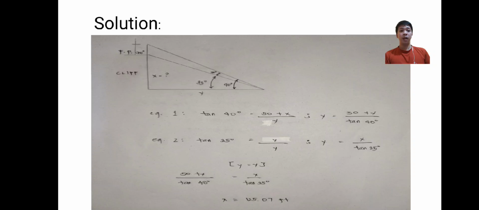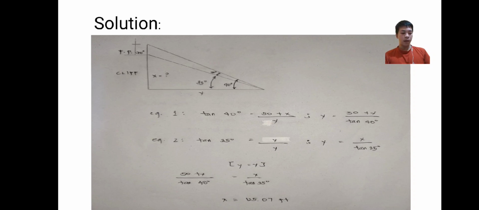So in order to solve this situational problem, we need to draw the figure first. Equation number 1 is tan 40 degrees is equal to 50 plus x over y. So therefore, y is equal to 50 plus x over tan 40 degrees. Equation number 2, tan 35 degrees is equal to x over y.